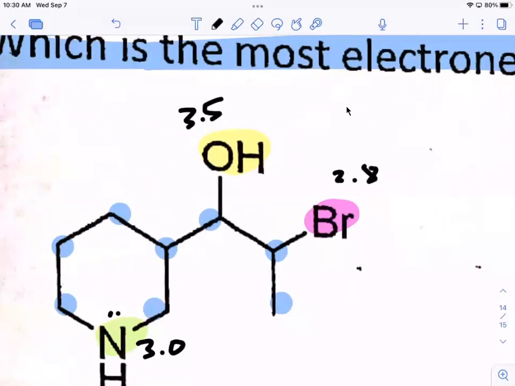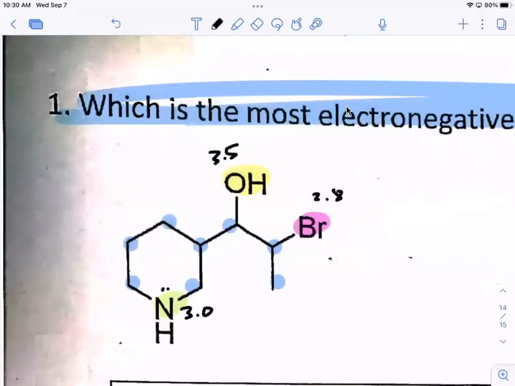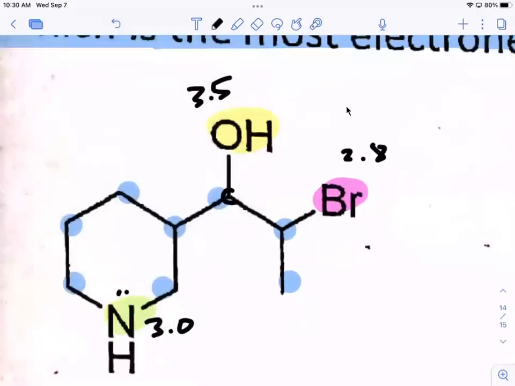All right, so now let's look at the bonds. The C-O bond, because there's a carbon here, and we know carbon is 2.5. Is the carbon-oxygen bond polar covalent or non-polar covalent? Which way is the dipole? And how do we determine polar covalent?